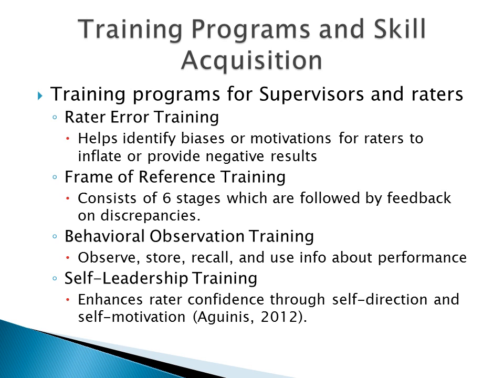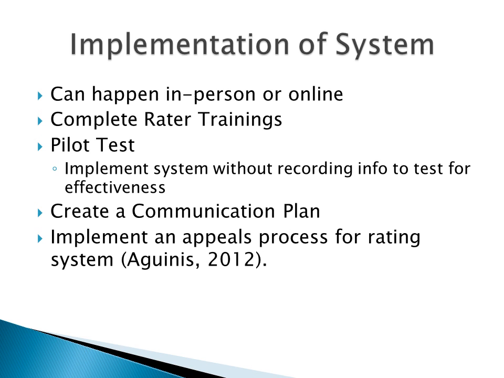There's also behavioral observation training, which helps to observe, store, recall and use information about performance. And then there's self-leadership training, which aims to enhance rater confidence through self-direction and self-motivation. All of these things can help raters be more effective in performance measurement.